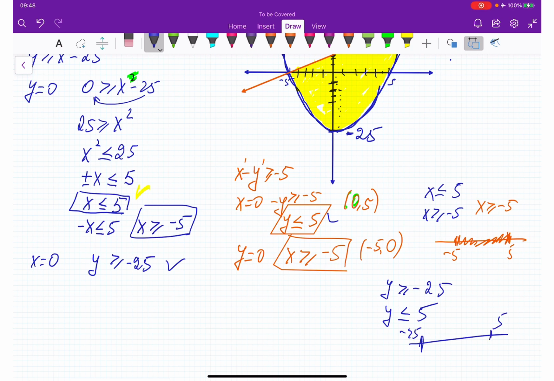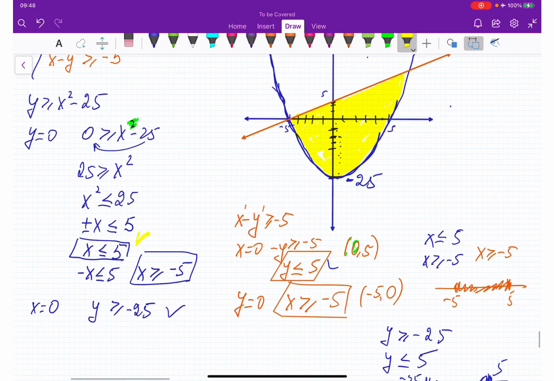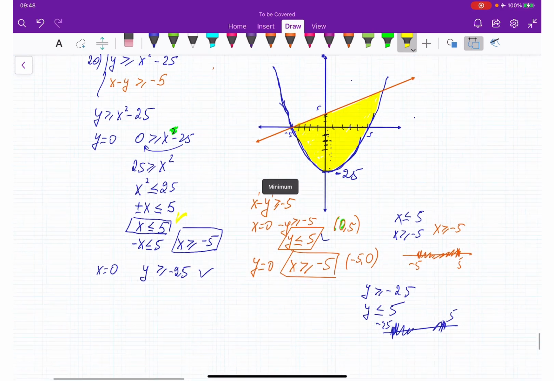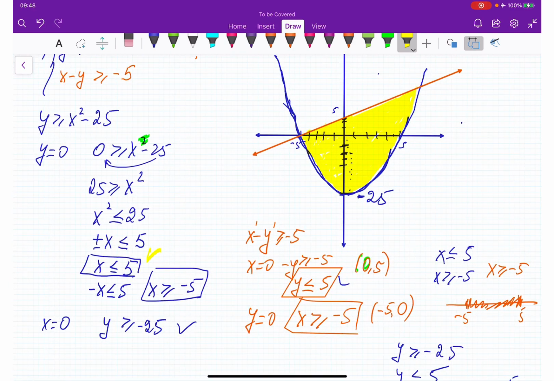It's falling in between, greater than this, less than this, which means it's going to be greater than negative 25 and less than 5, right? And you will know where to shade. So this is another way to use it. Okay, and this limitation by the two graphs is going to be our solution. This is question number 20.